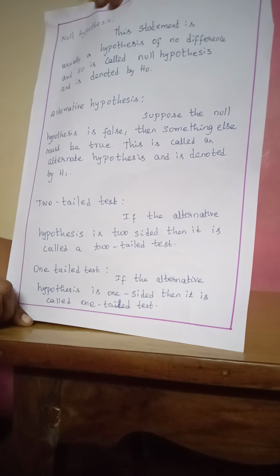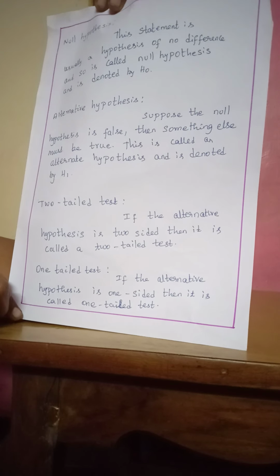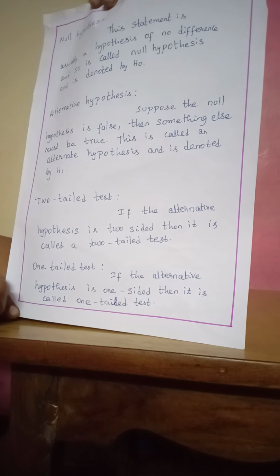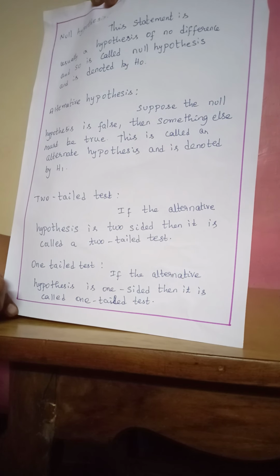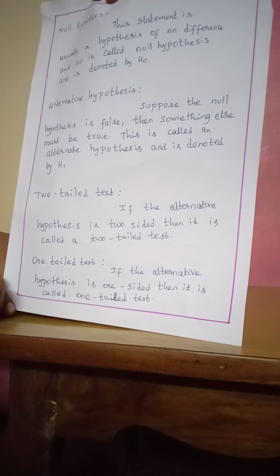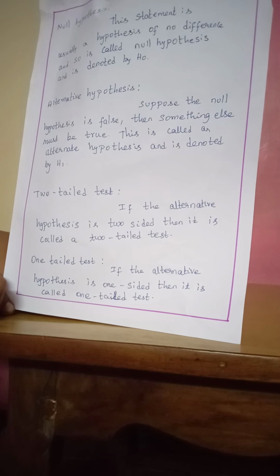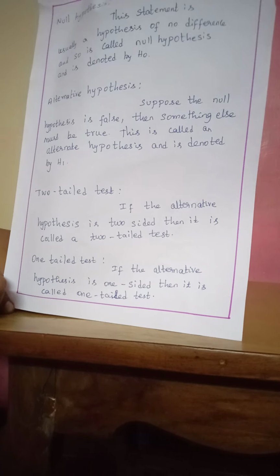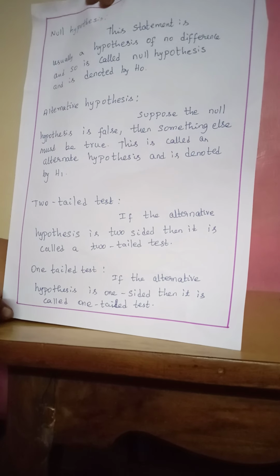It is denoted by H0. Alternative hypothesis. Suppose the null hypothesis is false, then something else must be true. This is called an alternative hypothesis and is denoted by H1. Two-tailed test. If the alternative hypothesis is two-sided, then it is called a two-tailed test. One-tailed test. If the alternative hypothesis is one-sided, then it is called one-tailed test.